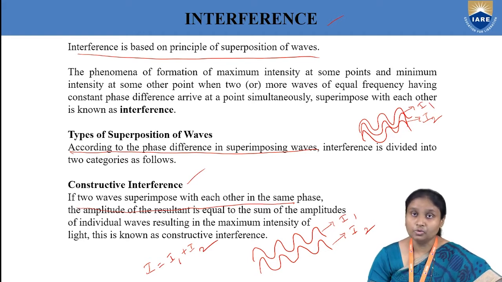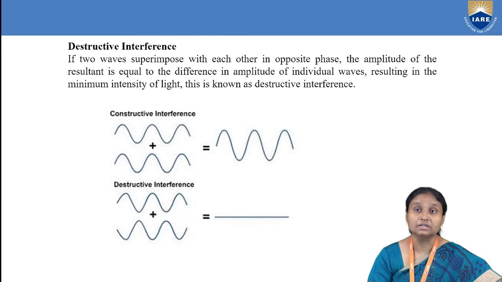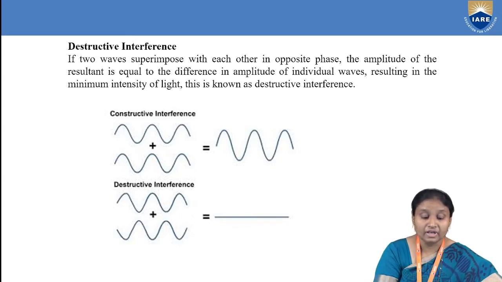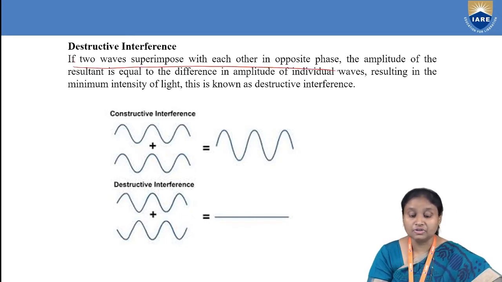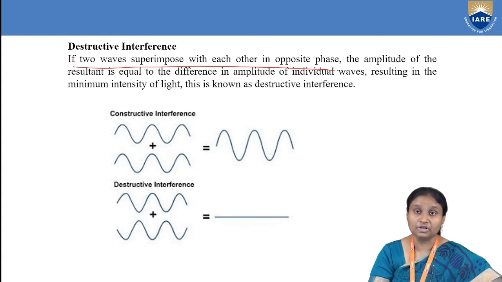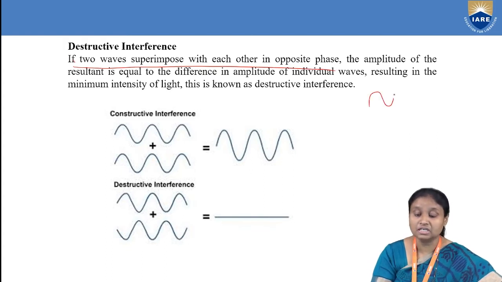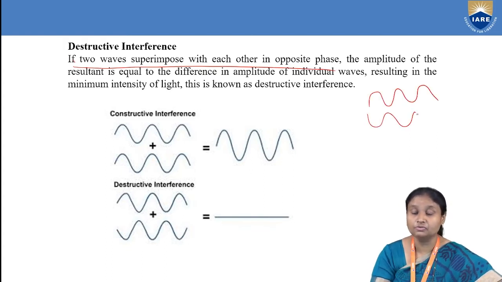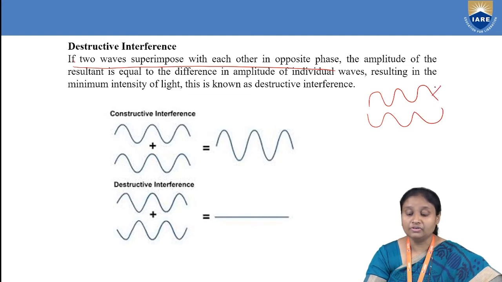Whereas there is one more interference, called destructive interference. Destructive interference takes place when your waves are out of phase. What do we mean by out of phase? When the crest due to one wave falls on the trough due to another wave. Again, if the intensity due to one wave is I1 and the intensity due to the other wave is I2, then the resultant intensity is given as I1 minus I2.